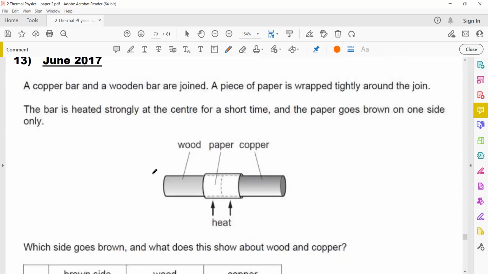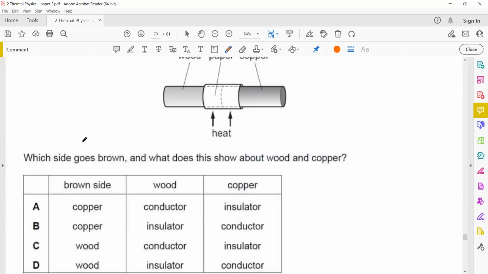A copper bar and a wooden bar are joined. A piece of paper is wrapped tightly around the joint. The bar is heated strongly at the center for a short time, and the paper goes brown on one side only. Which side goes brown, and what does this show about the wood and the copper?